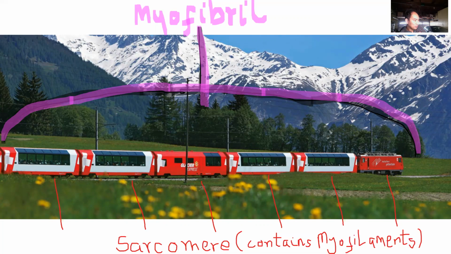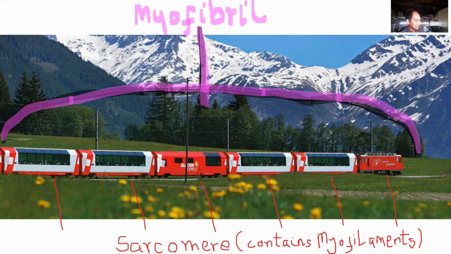If we arrange all these sarcomeres in a linear fashion, one sarcomere, another sarcomere, and many others to follow, then the whole train is called a myofibril. So myofibrils are made of sarcomeres, which are arranged in linear fashion.